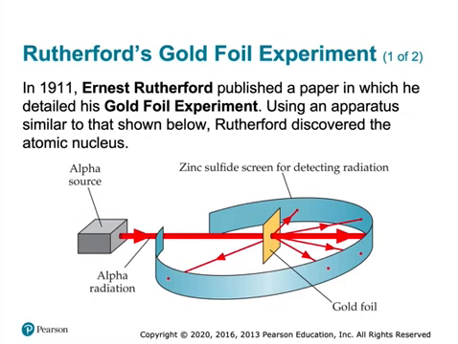What the grad student found was that most of the radiation just went right through, but some of it was deflected. The grad student, whose name is lost to history, compiled all the data and gave it to Rutherford.